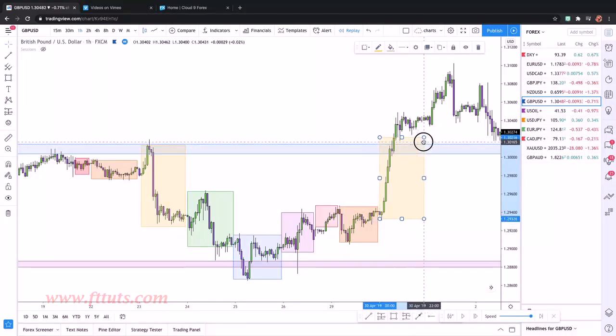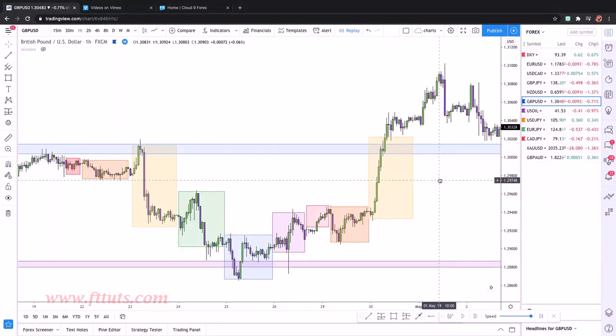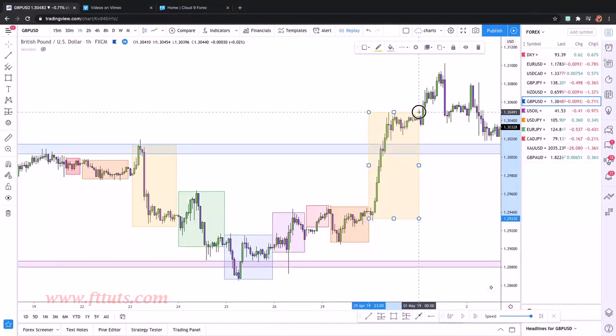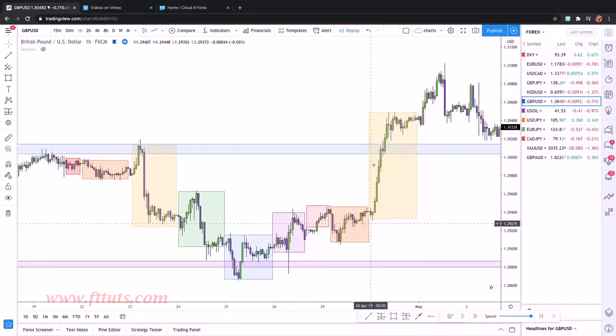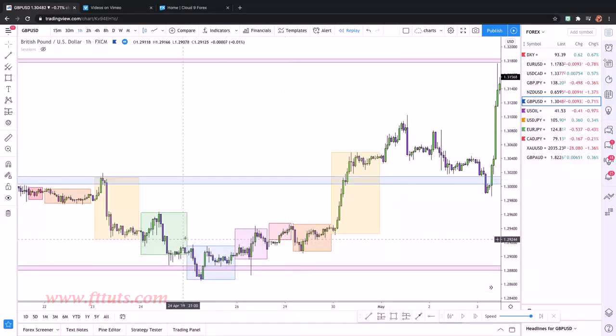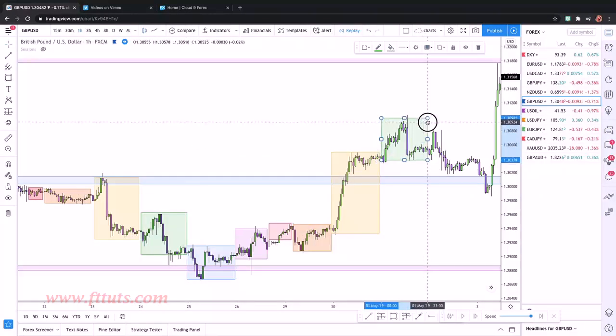I know this is kind of boring, but this is really important that you understand this and that you know how to highlight it. So then the 30th comes in, which is Tuesday. It stops here, so that's all of Tuesday's movement. Then Wednesday comes in, which is the 1st of May.